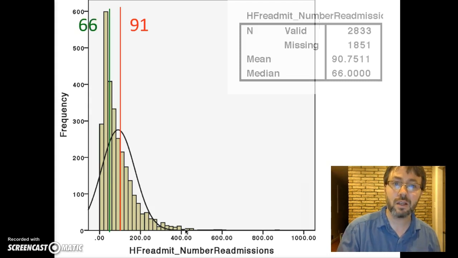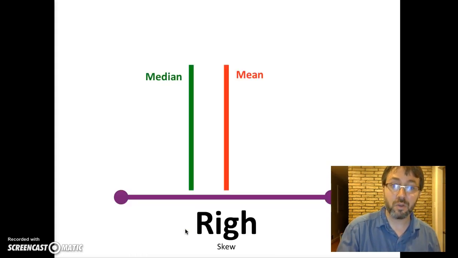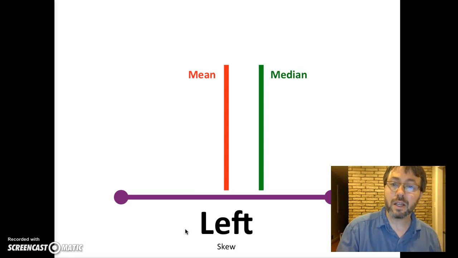So the mean is greater than the median, which means that more observations are occurring on the left-hand side of the data distribution, and we have a right tail, so a right skewed distribution. That summarizes it conceptually.